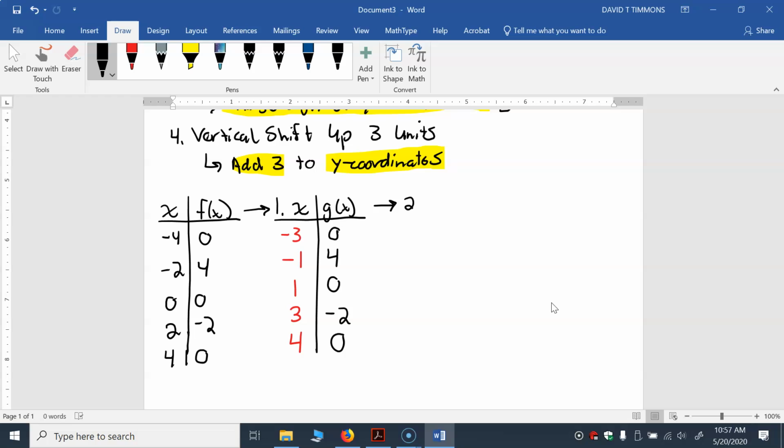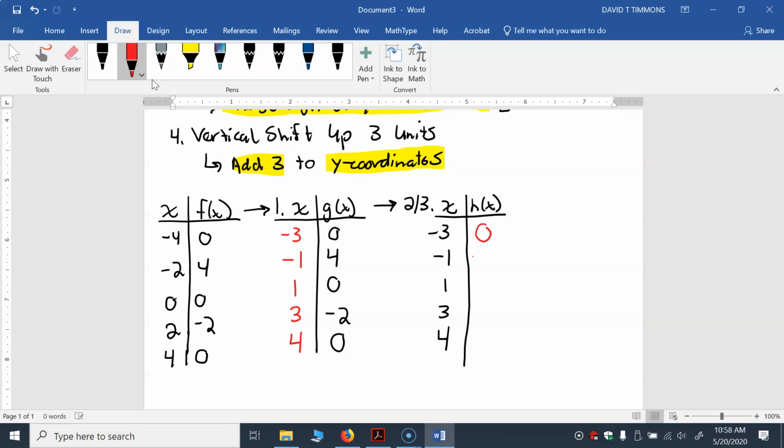So I'll call this step, say, 2-3. Now we'll have x, and I'll call this maybe h of x. So now we're not changing x, so I'll copy those values down. But we will change y. We'll multiply these values by -1/2. So this will be 0, -2, 0, 1, and 0.